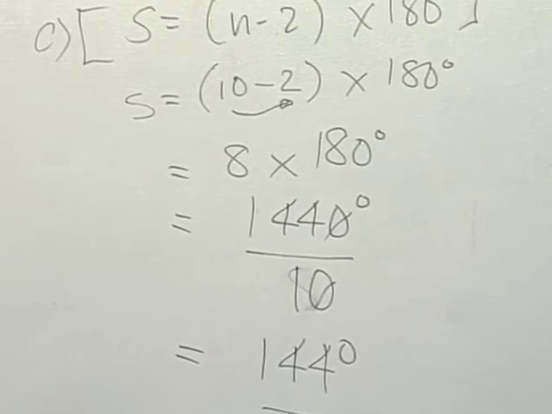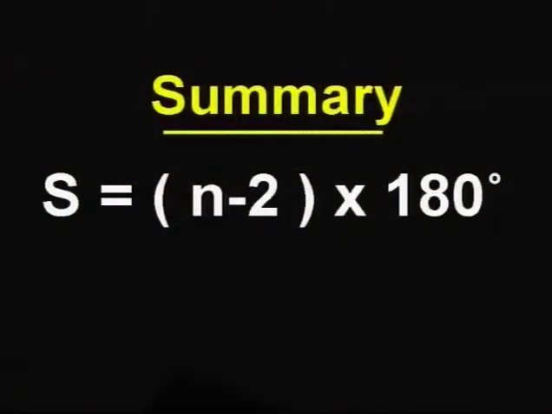Class, the summary for today's lesson is to find the angle sum of a polygon. You use the formula S equals n minus 2 times 180 degrees to find the angle sum of any polygon. Is that clear?